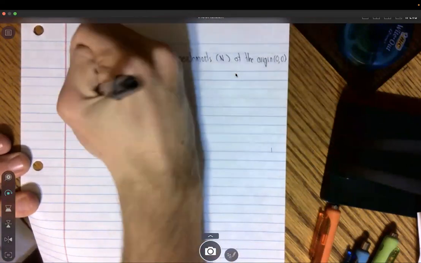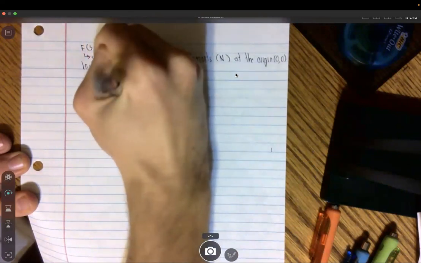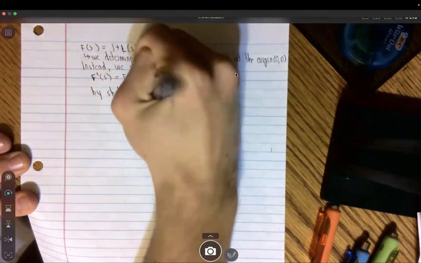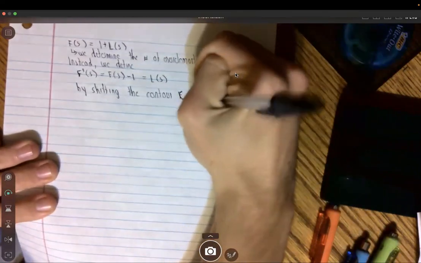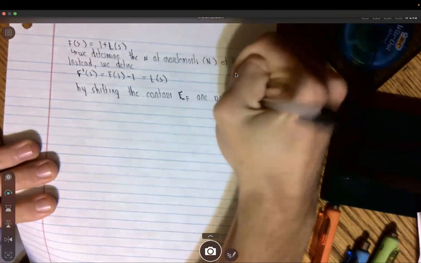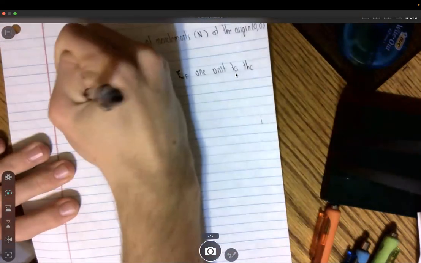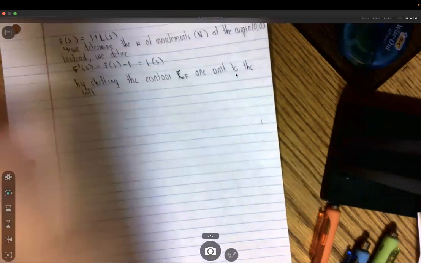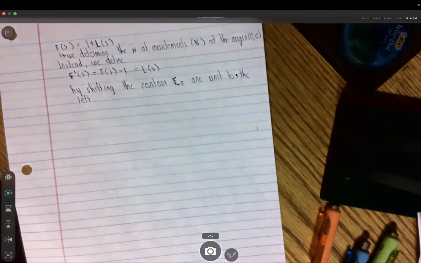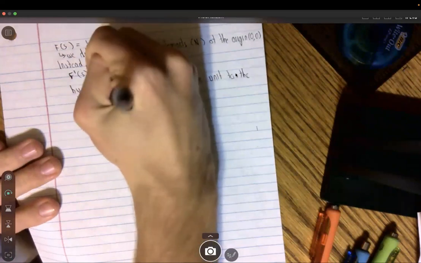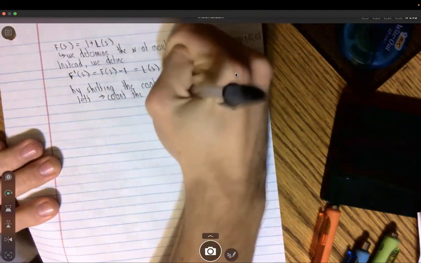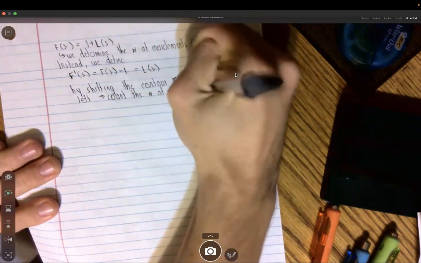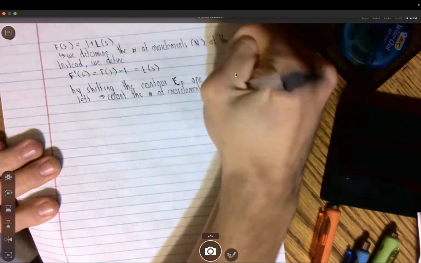And so by shifting the contour C of f, which is the contour in the f of s plane, 1 unit to the left, we're going to count the number of encirclements around -1, 0.